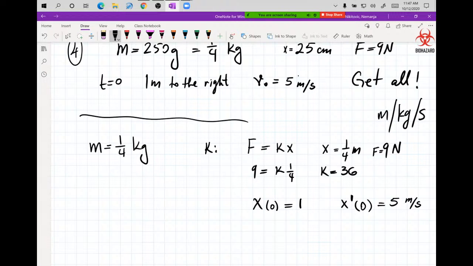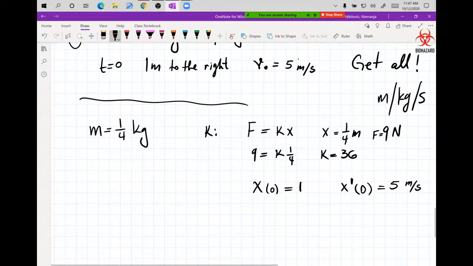It could have given me kilometers per hour, like the thing cops use to clock your speed, and then you would have to convert that into meters per second. But meters per second are given, so we're all cool there.